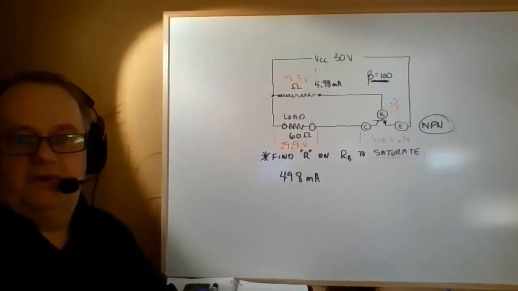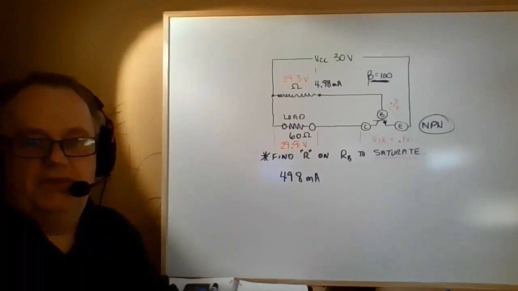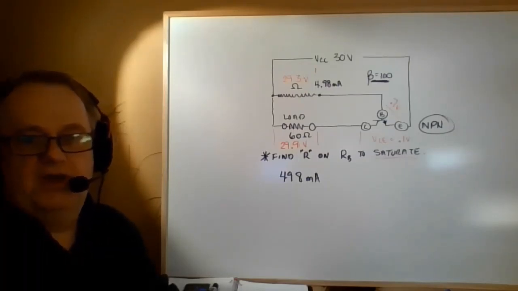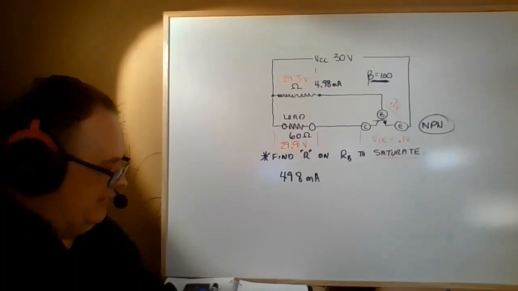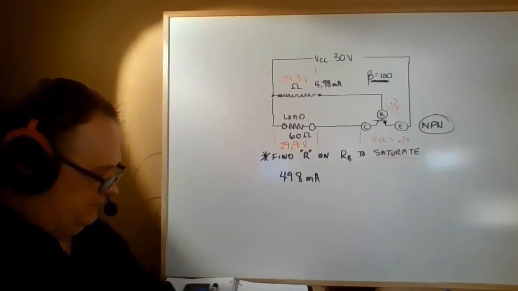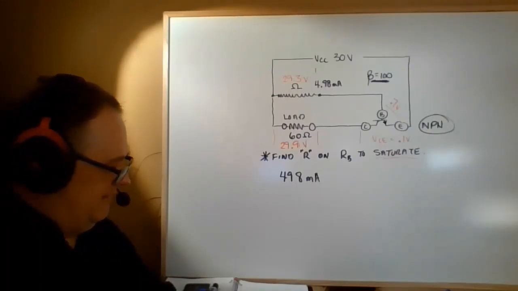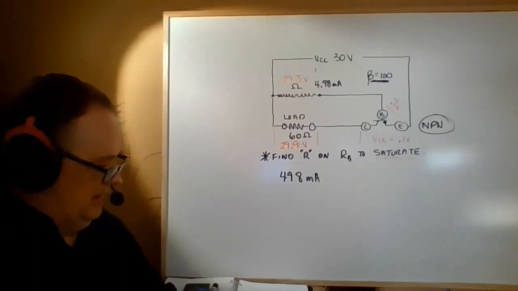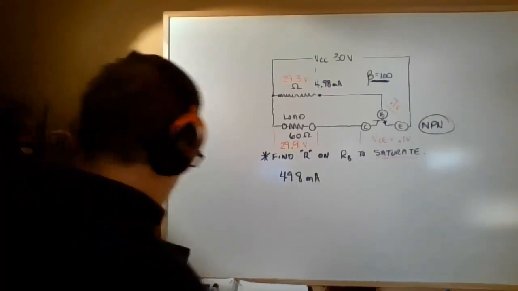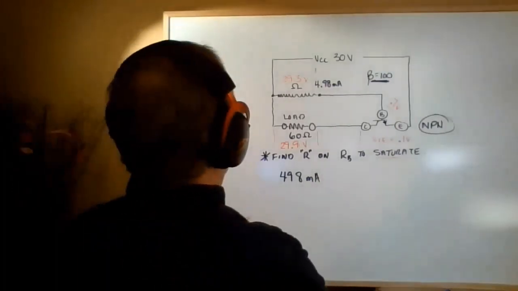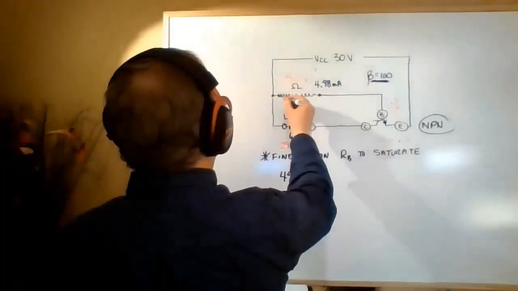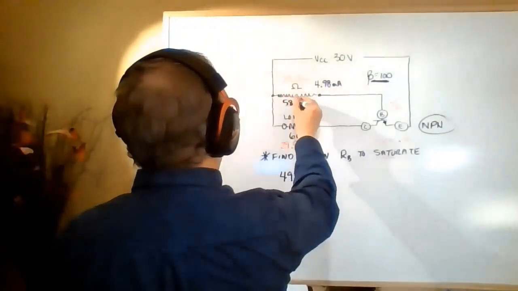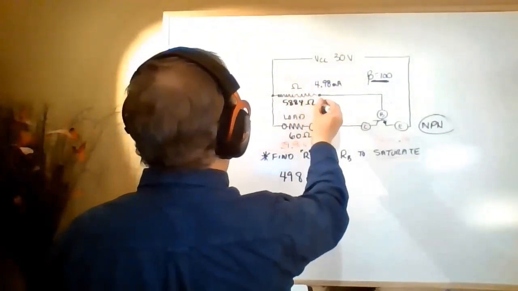So when I get to this point, I've got 29.3 volts and 4.98 milliamps. And if I divide that out, I see that I have 5,884 ohms, okay?